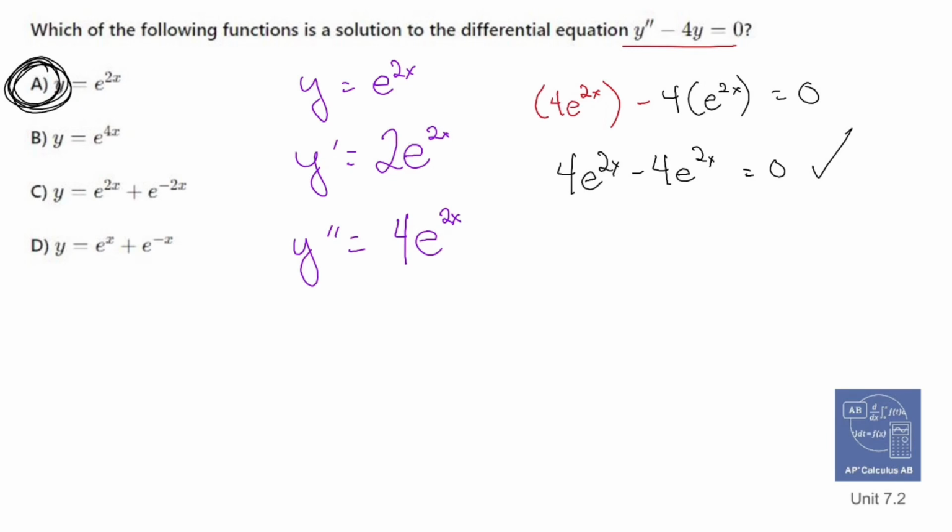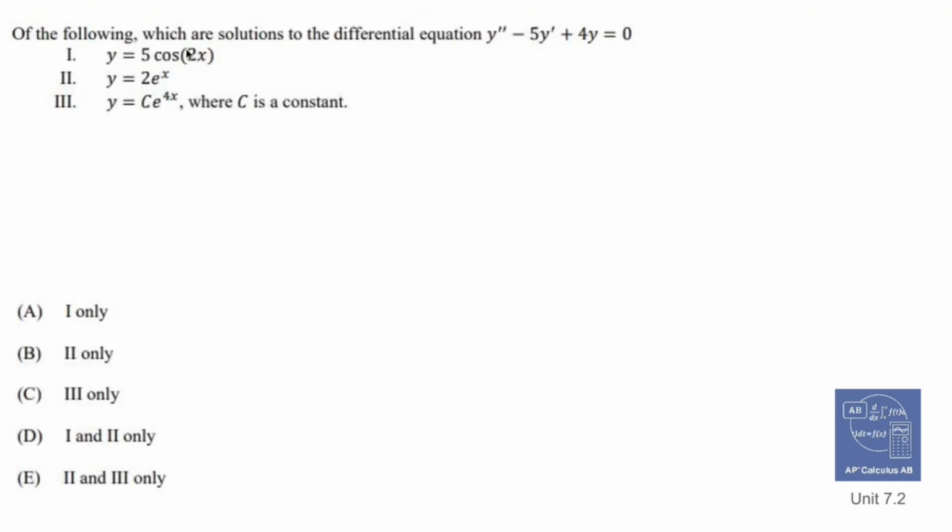Of the following, which are solutions to the differential equation y double prime minus 5y prime plus 4y equals 0? All right, so let's do this guy in red. We have y equals 5 cos 2x. Now let's find y prime.